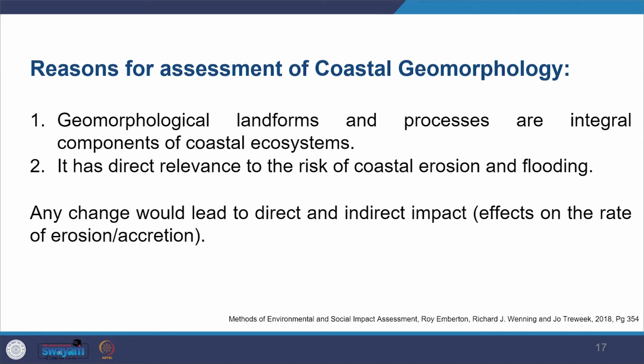So what the processes are, how the forms are, they eventually influence the coastal erosions and flooding. So it has a very direct implication in EIA. So any kind of change in this would lead to direct and indirect impact, since it has that relationship with the risk in the coastal area, so you would have erosions and flooding, all this can happen here.